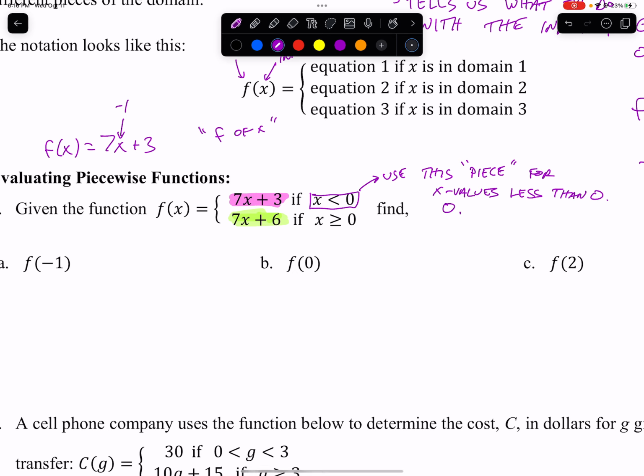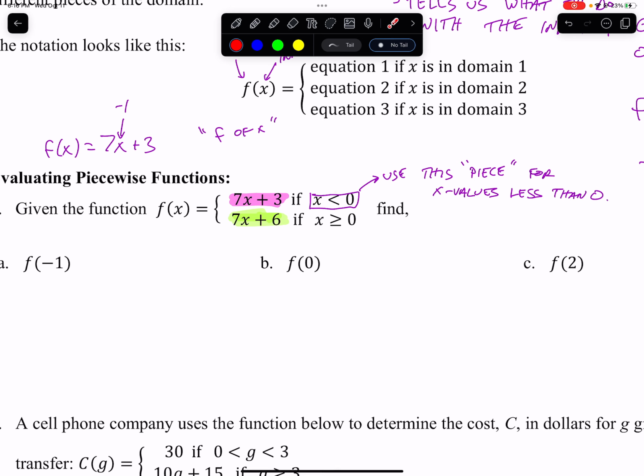I'll put the 0 over there. All right, so when I say use this piece, we're talking about the highlighted purple piece right here. Okay, so this just is like your domain, saying, if x is less than 0, we're plugging it into this piece.